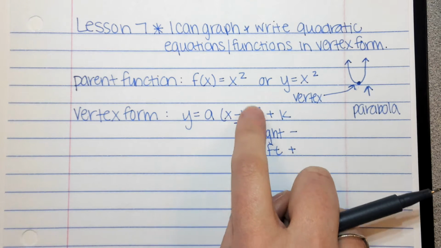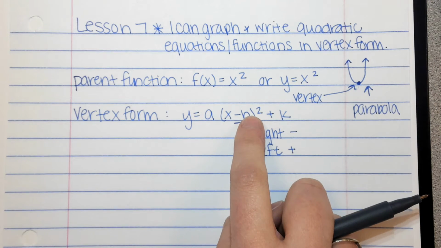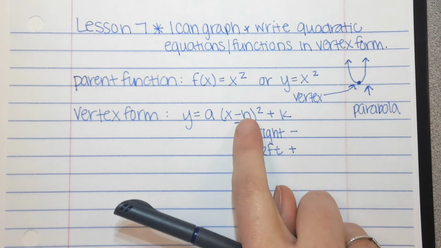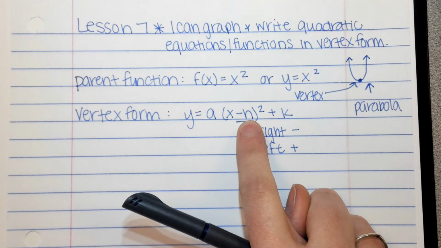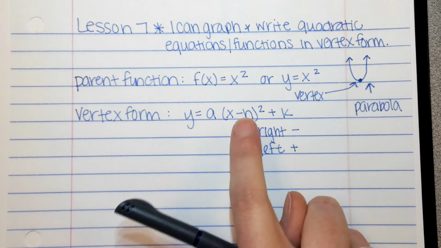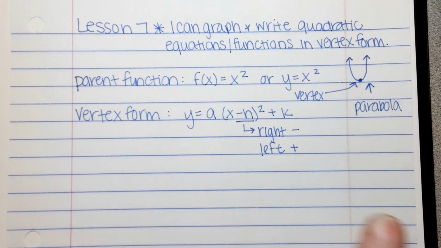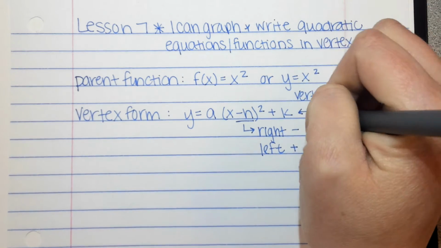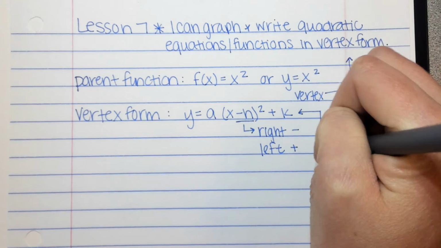So you can't trust an x, because that means the opposite of h. And you might remember, at least I said it back in the first trimester when we were talking about point slope, you can never trust an x. You just can't trust them. So it's always opposite of what it appears. Okay, so if it's a negative h, you move to the right. If it's a positive h, you move to the left. All right, the k tells you if you move up or down.